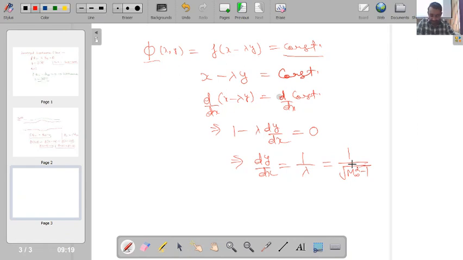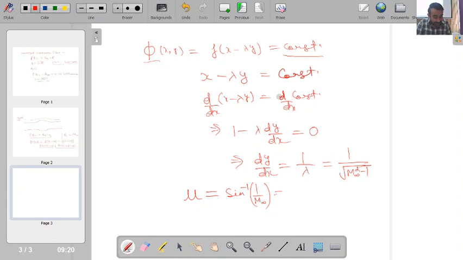So it means that, you might be surprised, if you see a Mach wave, the value of the Mach wave angle mu is equal to sine inverse of 1 by M infinity, 1 by Mach number.